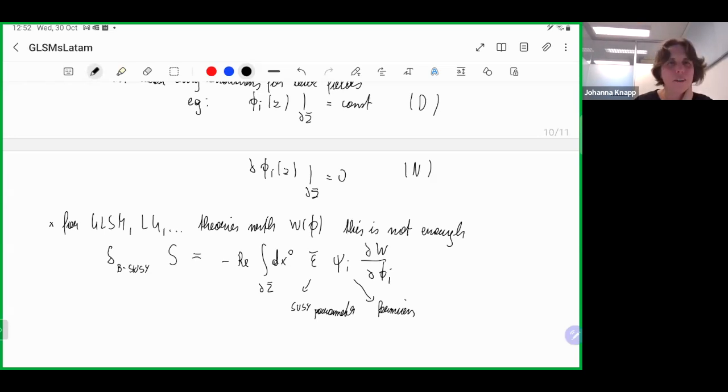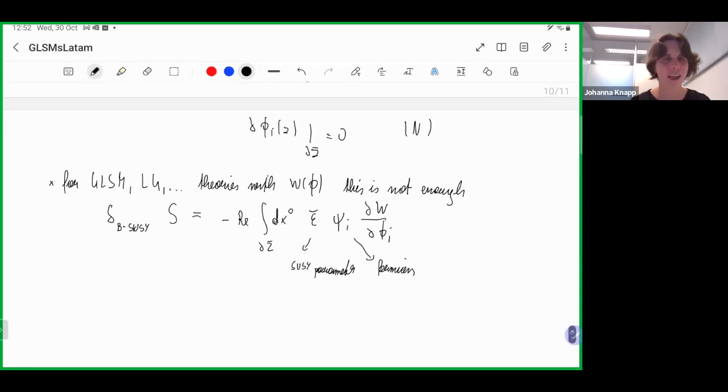But we have already agreed that non-constant superpotentials are really interesting because we want to have, for instance, the quintic superpotential. And this is a problem. We don't know how to cancel this term just by choosing boundary conditions for the phi fields and the fermions and everything else we have, and by choosing boundary terms that depend on the phi and the psi fields.